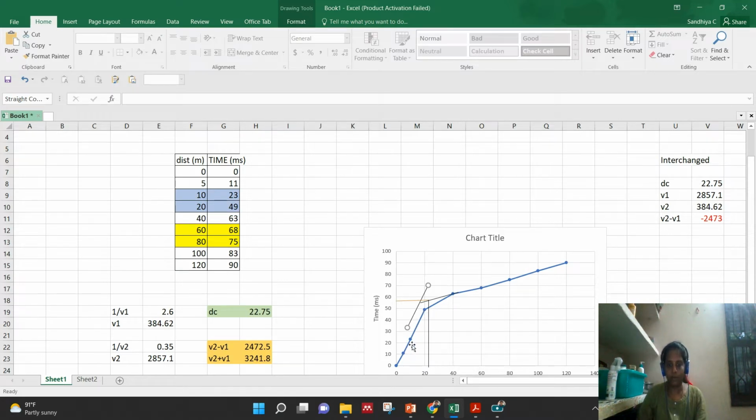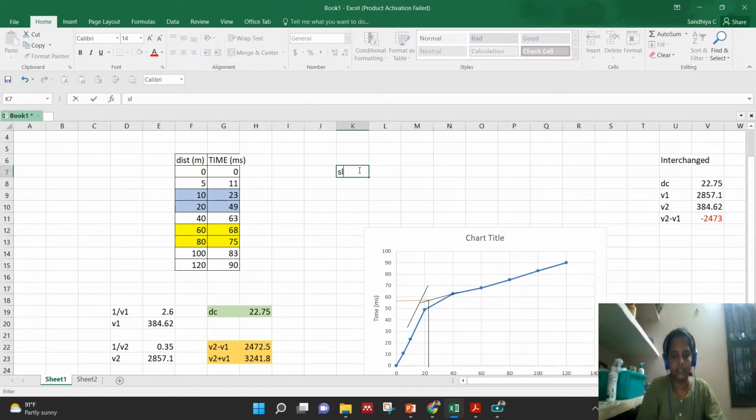I need the slope of this line. Slope of the line is dy divided by dx. Dy means the difference in the vertical portion, and dx means the difference in the horizontal portion.